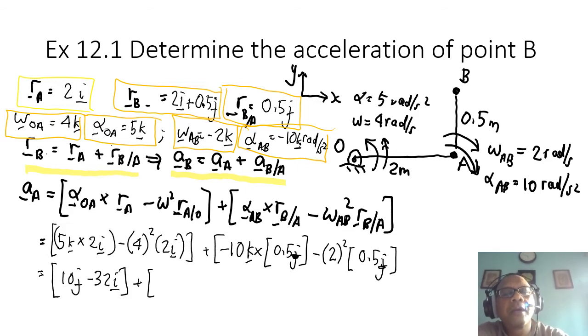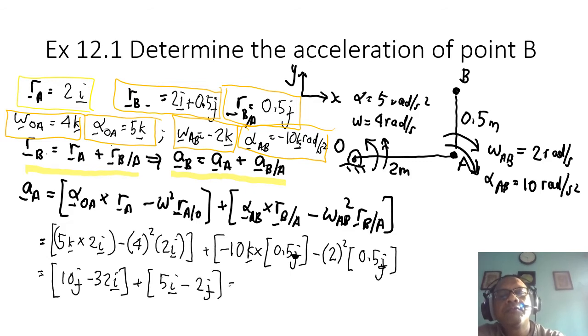Plus minus 10k, k cross j is minus i, minus positive, so k cross j is 5i. And then 2 square is 4, 4 times 0.5 is 2. So it's minus 2j.